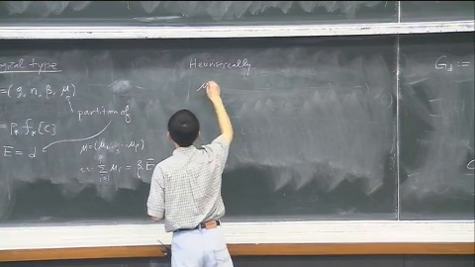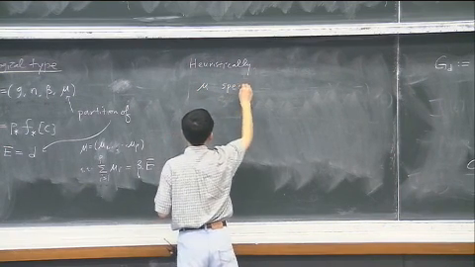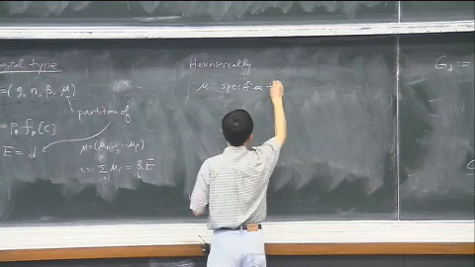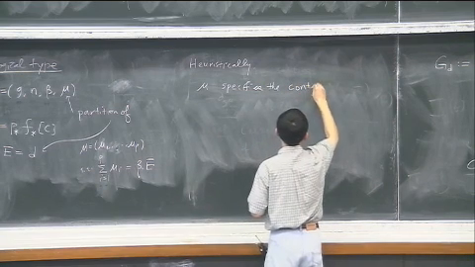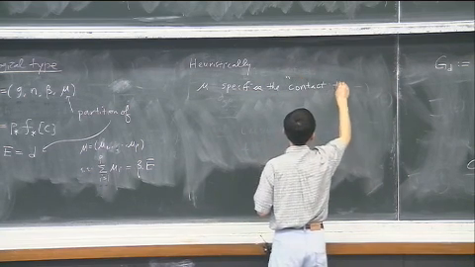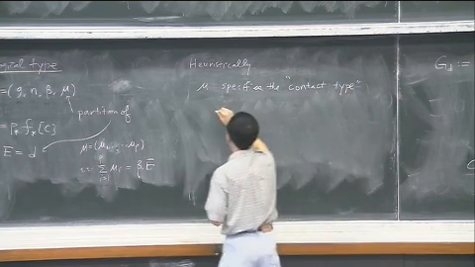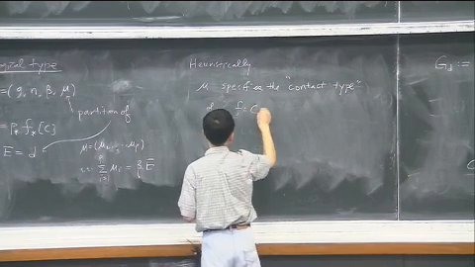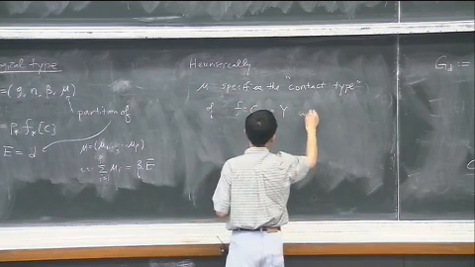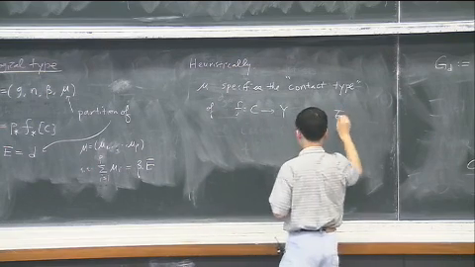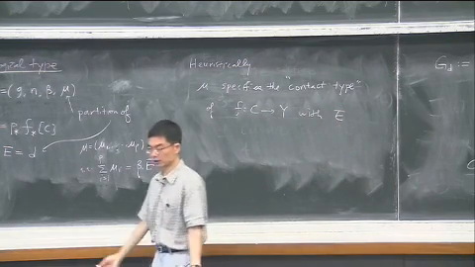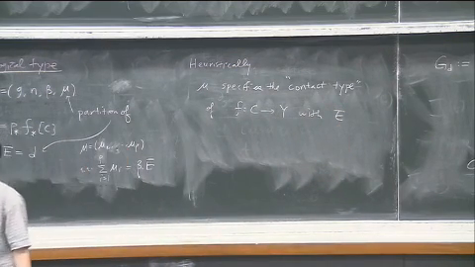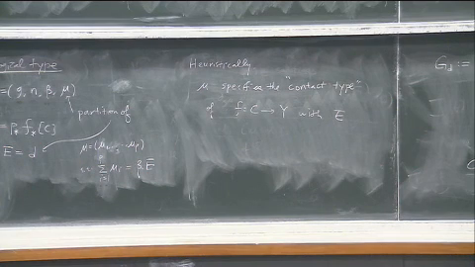This mu specifies the contact type of beta, of your map, with E. So the curve certainly intersects with your divisor in a topological number. I want to specify how they interact with each other.